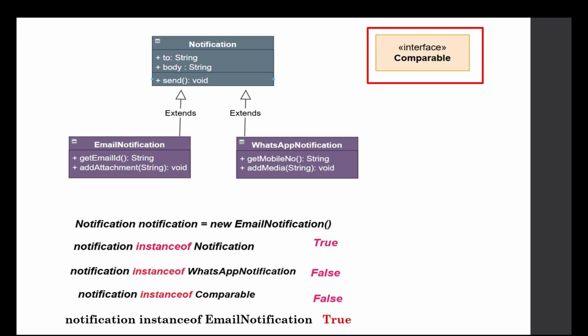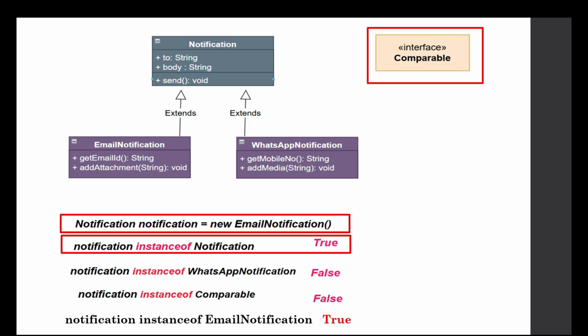Any of these classes are not implementing the Comparable interface. Here you can see that I have created an object of EmailNotification class, and I have assigned it to the reference variable of Notification. So using the reference variable of Notification, we are pointing to the object of EmailNotification class.